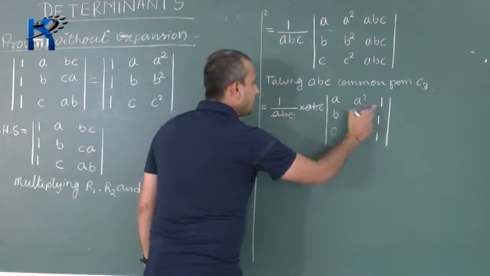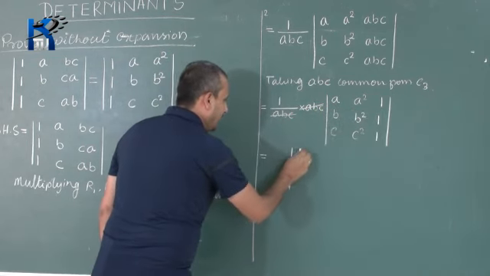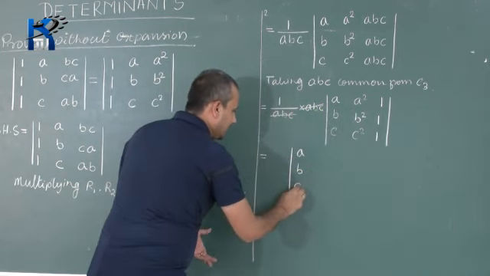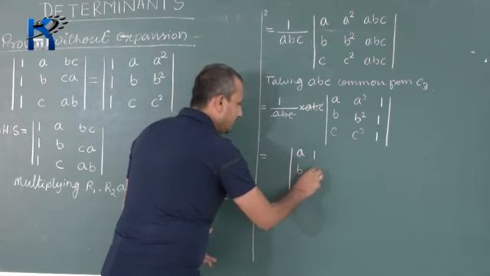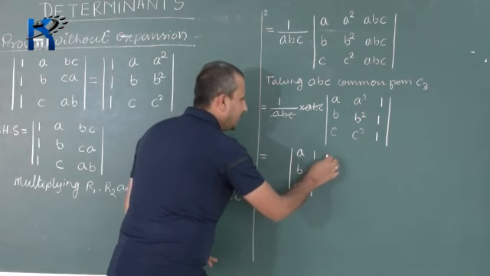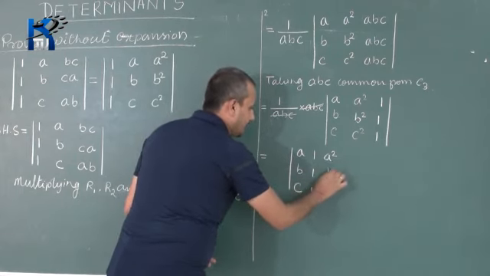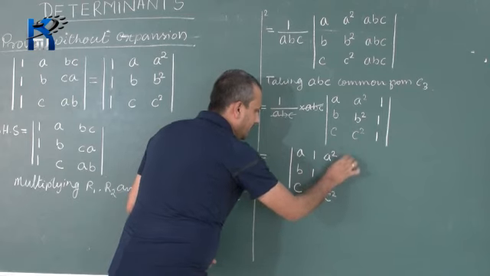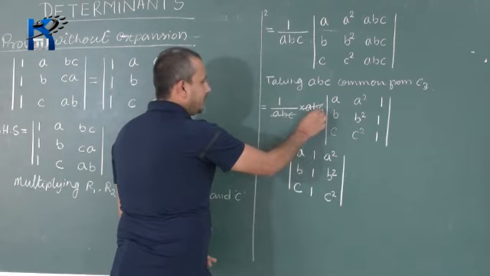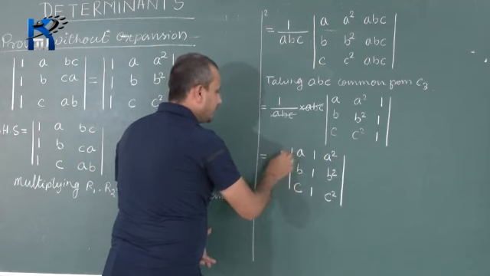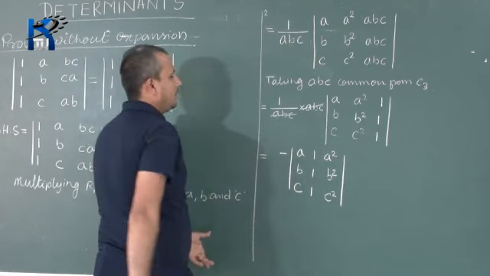If you interchange these two columns, the determinant will be A, B, C, then A square, B square, C square. Over here it is plus; after interchanging, you have to write minus.